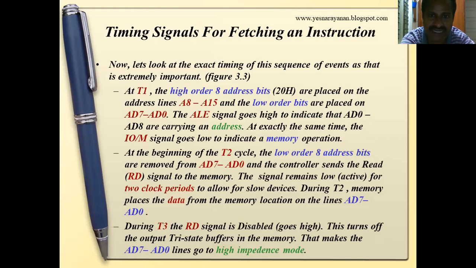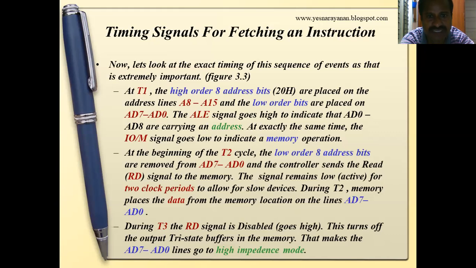At exactly the same time, the IO-MBAR signal goes low to indicate a memory operation, means we require to read something from the memory. So IO-MBAR 0 indicates the operation is a memory related operation.